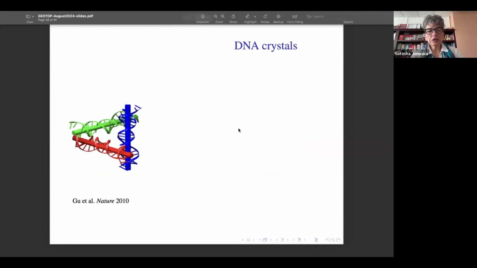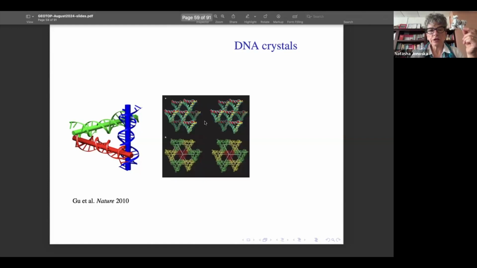The DNA crystals were first made out of this tensegrity triangle. You have 3 duplexes. They're joined like this. Actually, I have a physical object here that is a 3D printed object. And they join together to form a crystal.